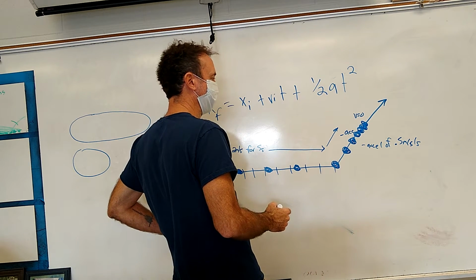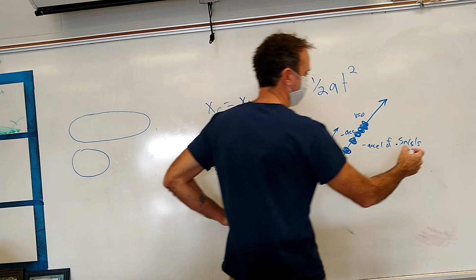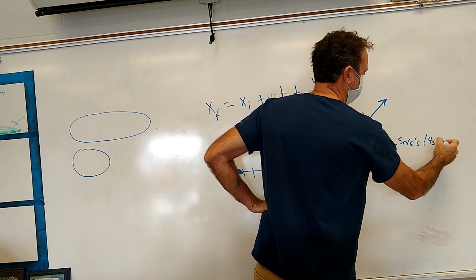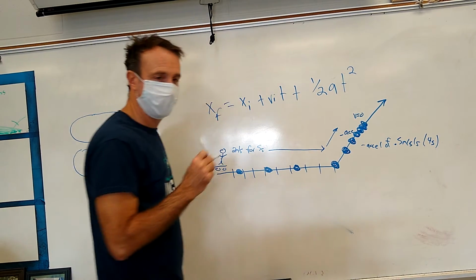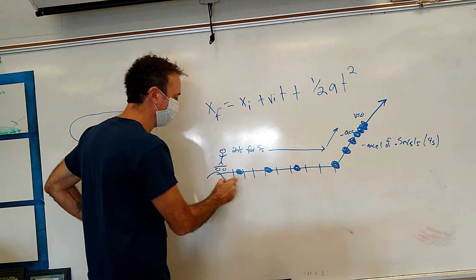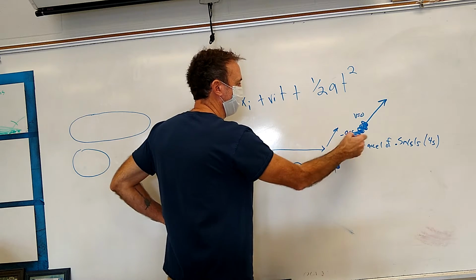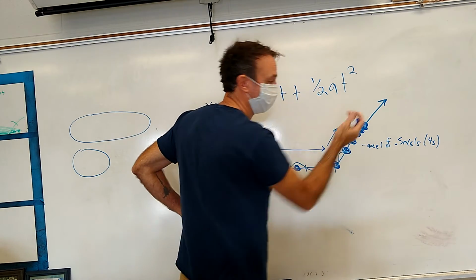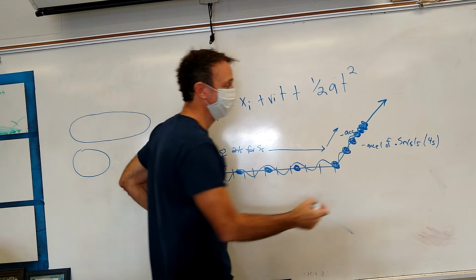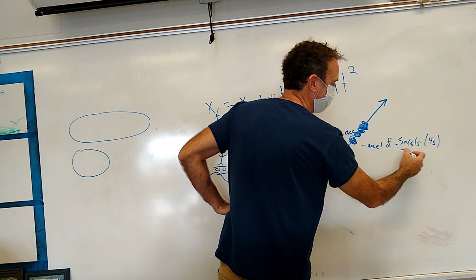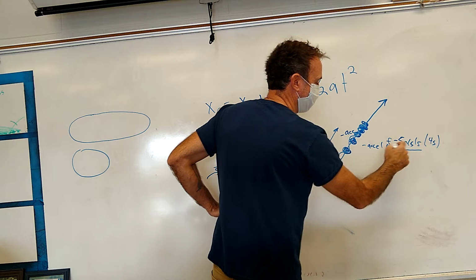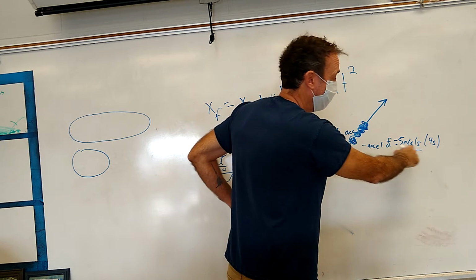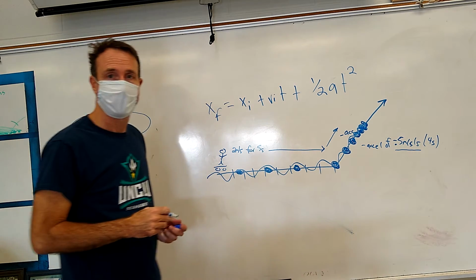And then they do that for, I don't know, 4 seconds. Then I could ask you, how far total did this skater skate? Now this skater in the problem I gave you didn't necessarily stop. They just decelerated for 4 seconds, okay?